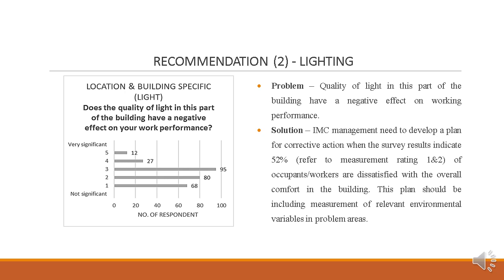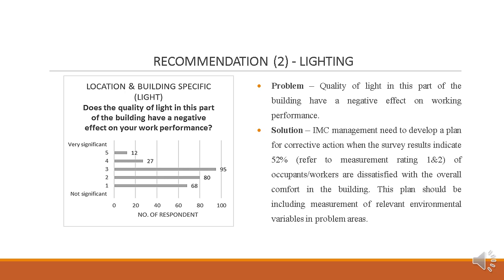Recommendation number 2 is about lighting. Section Location and Building Specific. Does the quality of light in this part of the building have a negative effect on your work performance? The problem is the quality of light in this part of the building has a negative effect on work performance.